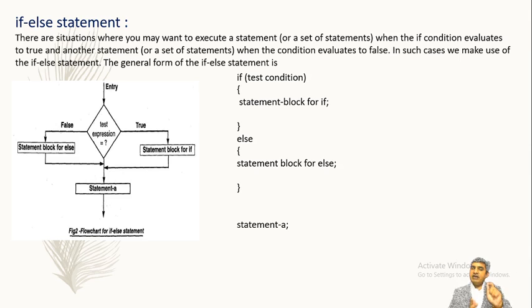But if the test condition is false, the statement block for else is executed, and after execution of the statement block for if or the statement block for else, statement A is executed. Here we can represent it like this: if the test condition is true, the statement block for if is executed, else, meaning it is false, the statement block for else is executed, and then statement A is executed.